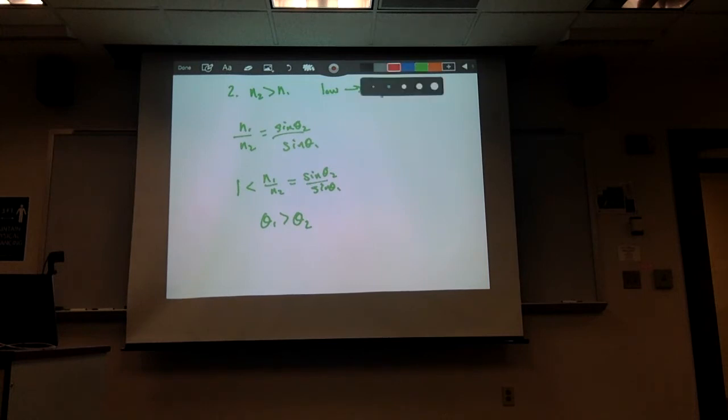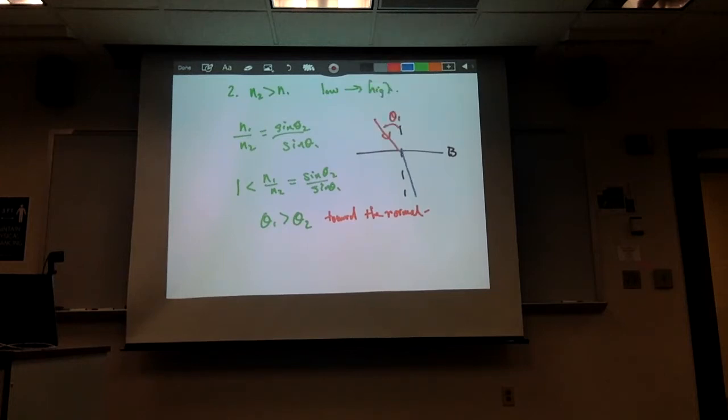So in this case, the light is bent toward the normal. This is my boundary, and this is my normal line. This is my incoming ray, theta 1, and my refracted ray is going to be something more like this, which is theta 2. So in this case, it's going to get bent toward the normal.